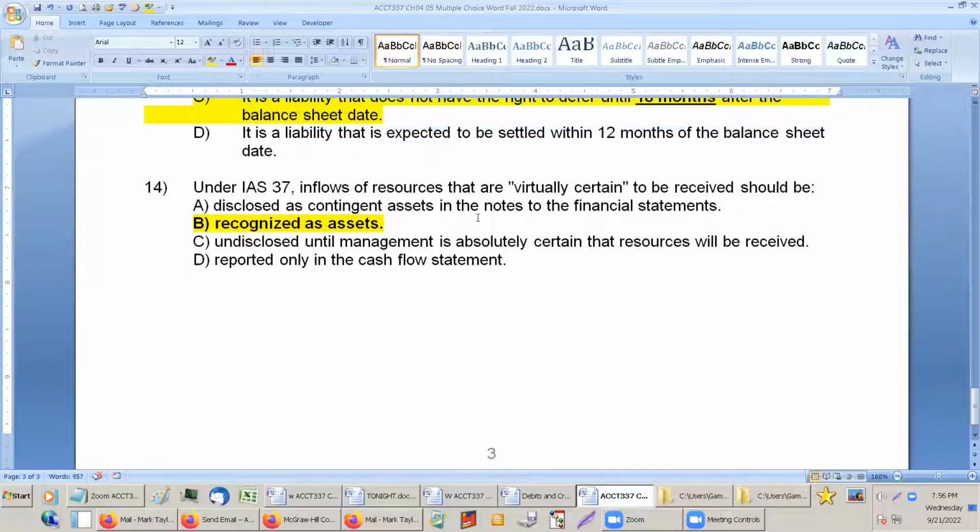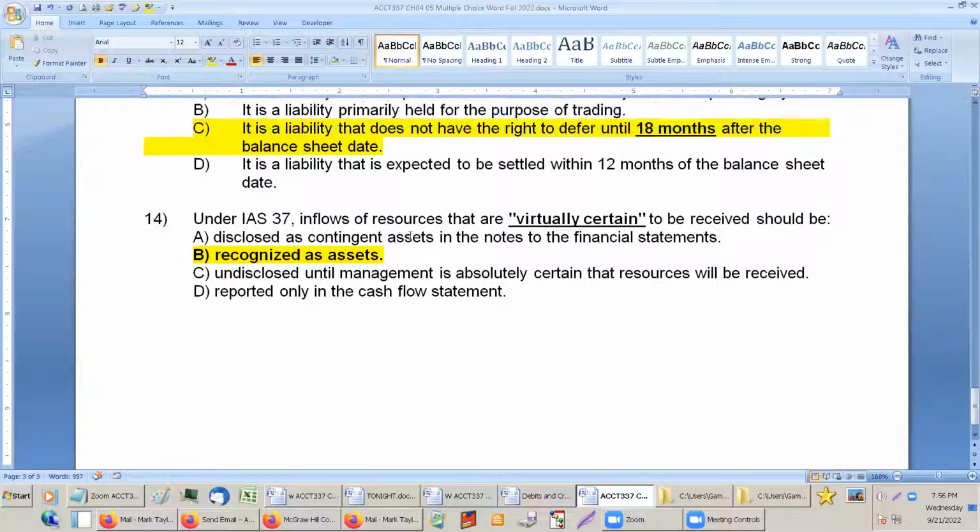In the United States, you don't count your chickens before they hatch until you get the court ruling, or whatever it is you're looking at. You don't recognize it as an asset. The wording they use is "virtually certain." And I guess it would be like if there's preliminary stuff to go with.